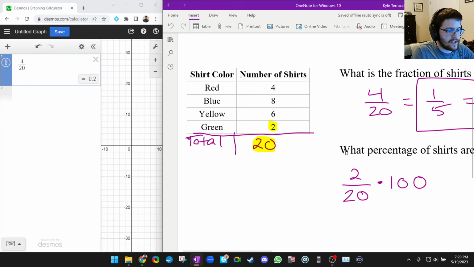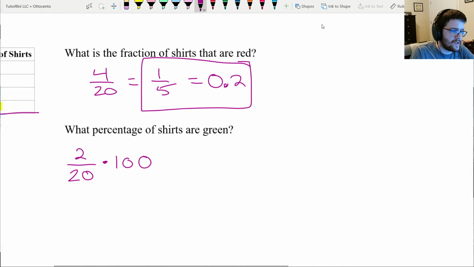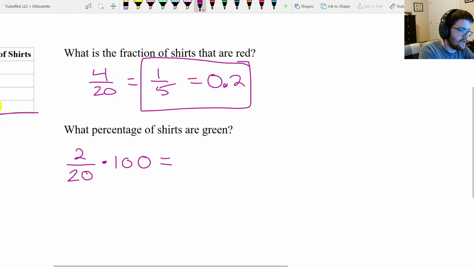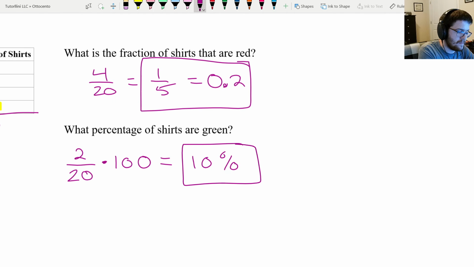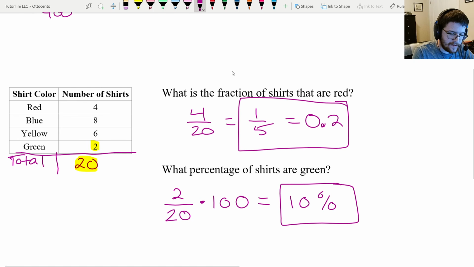So let's see what that gives us. So 2 over 20 times 100. And I get 10%. So 10% of the shirts are green. Very good. Let's move on to the next skill.